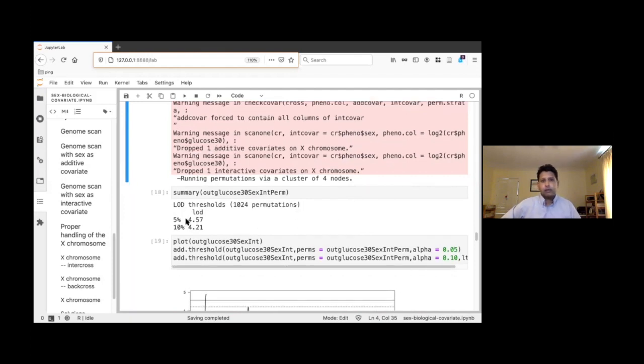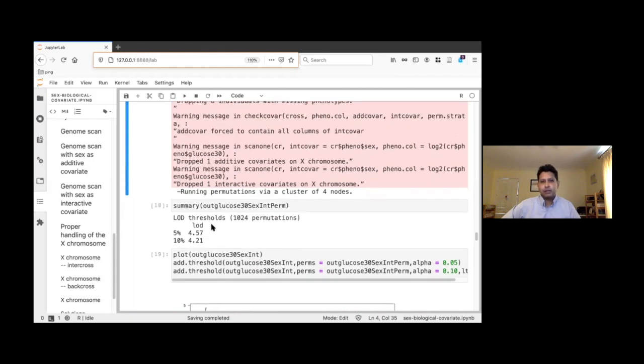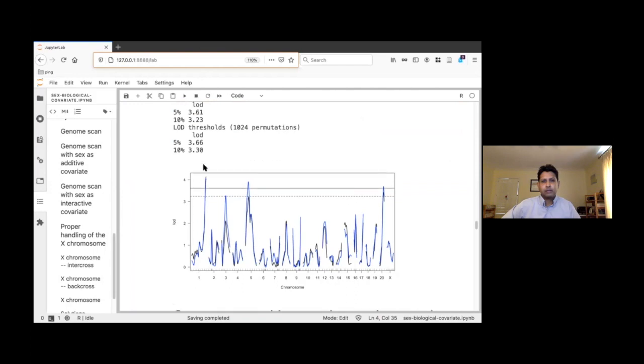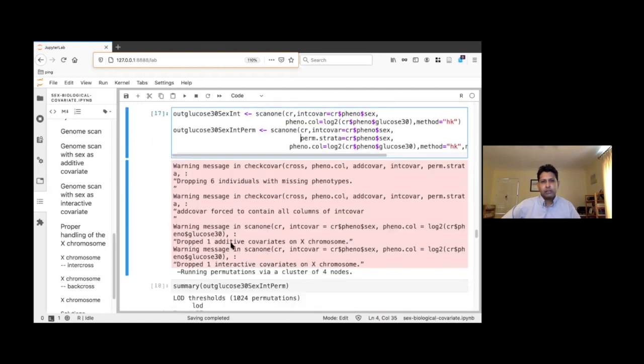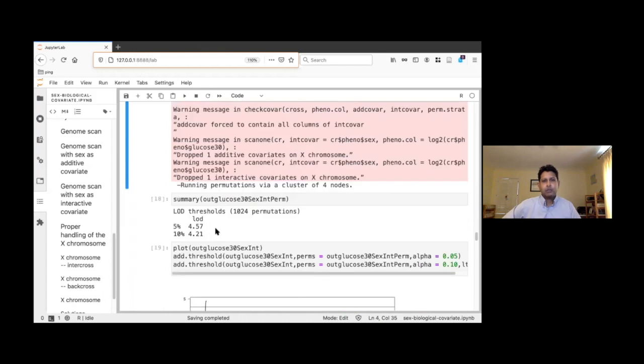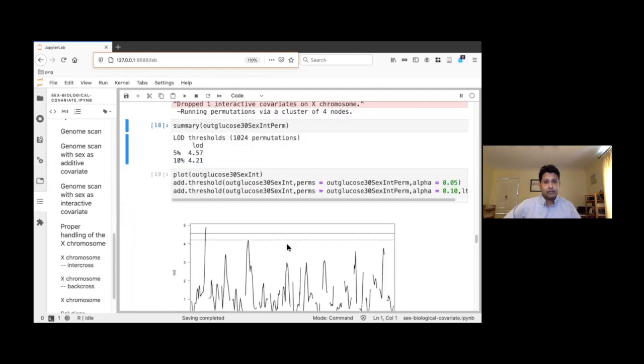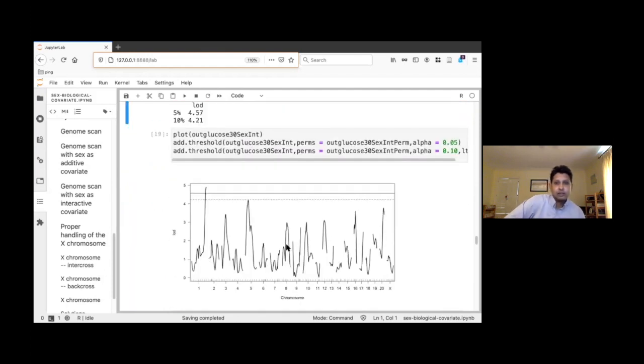And if you do that, then you can see that your log thresholds are now a little bit higher. Previously, they were about 3.6 or so. Now, they are almost 1 log unit higher. And if I make a plot, this is what it comes out to be.